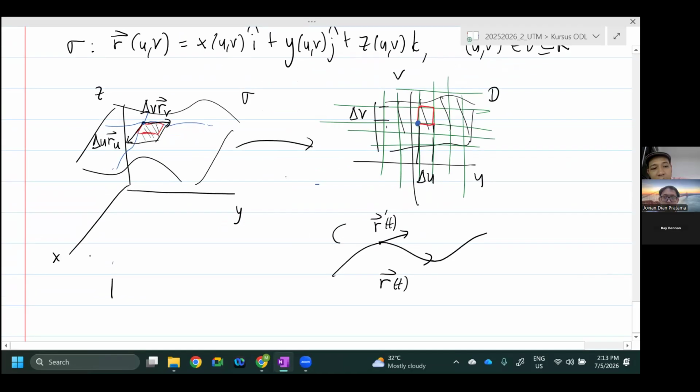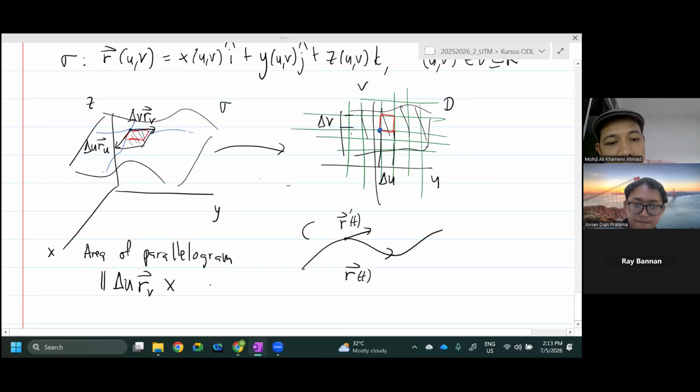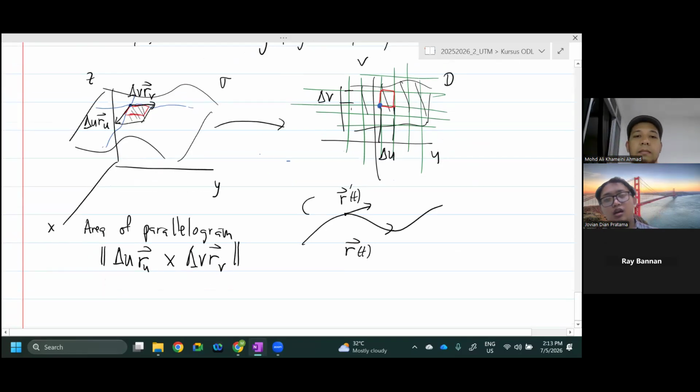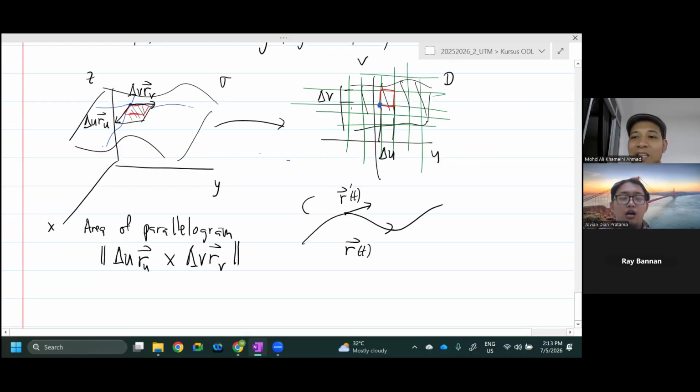If you compute the magnitude of a vector, the area of the parallelogram is the magnitude of r sub u times delta u cross r sub v times delta v. So that will be the area of the parallelogram.